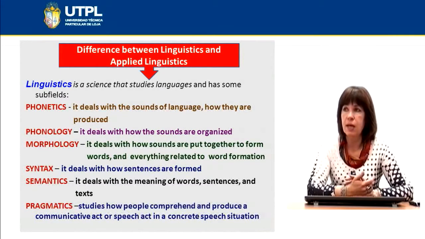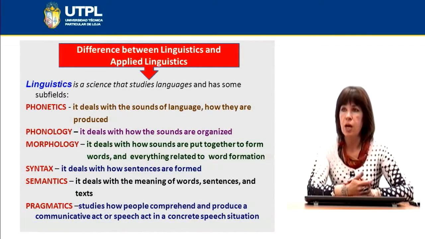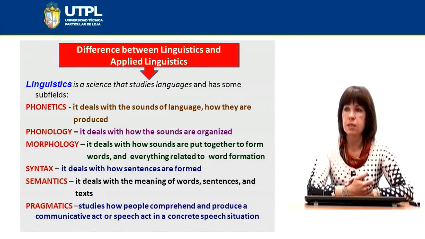So linguistics is a science that studies exclusively languages, and it has some fields like phonetics, the pronunciation and sounds of language; phonology, how sounds are organized in different languages; morphology, the structure of words and everything related to word formation, like suffixes, prefixes, roots, etc.; and syntax, how sentences are formed, what structure we have to follow in writing sentences in foreign languages; and semantics, which is the meaning of words.